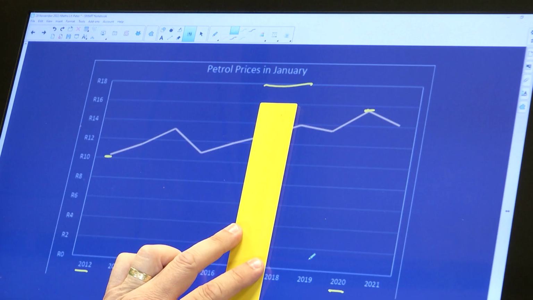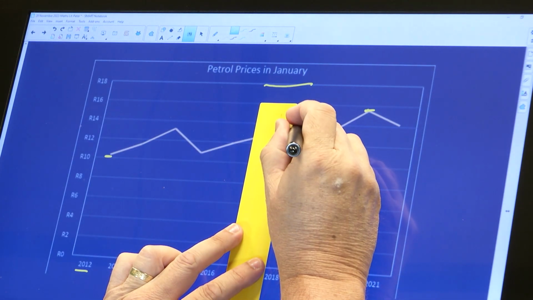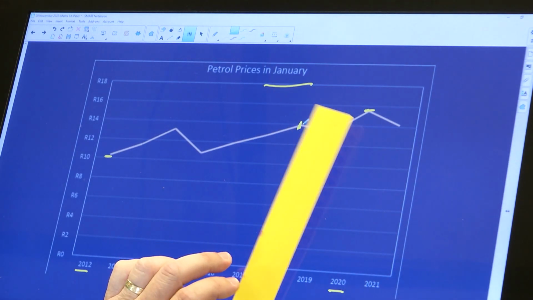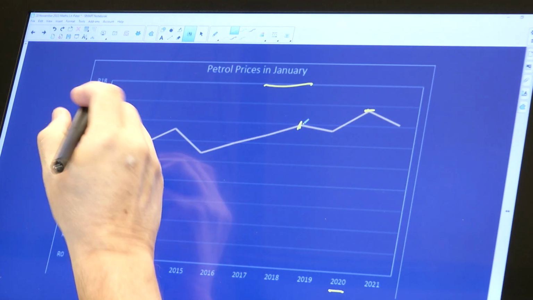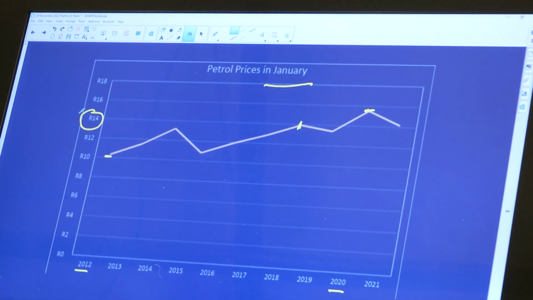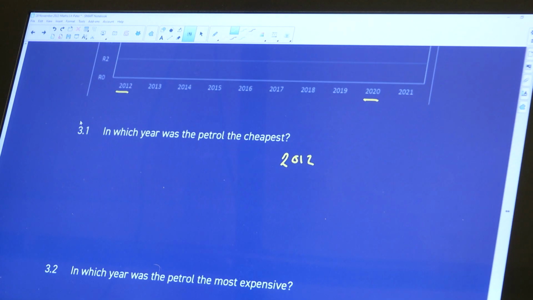I don't know if you can see it, and it gets to that point there. And that point represents 14 Rand. I still can't believe petrol was so cheap. I'm still in the 20s. Meantime, in 2018, it was 14 Rand.